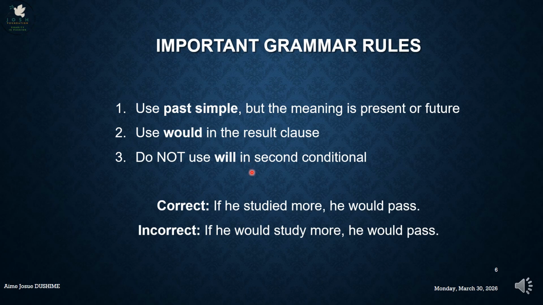And never use would in the if clause of the second conditional, because we use past simple in the if clause. If he studied more, he would pass. Don't say if he would study more, he would pass, because you are using would in the if clause, which is very wrong.